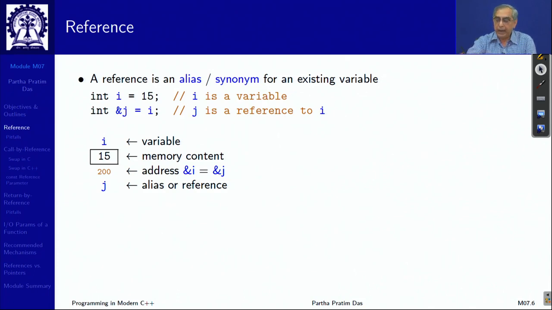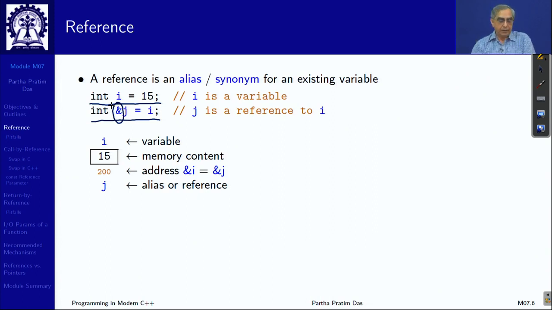So, if I define a variable, say i, and initialize it with 15, I can define an alias of i by doing this, where the key syntax point to note is that before the alias variable or reference j, I need to put an ampersand. And then after the initializer symbol, I put the variable that it is an alias for.